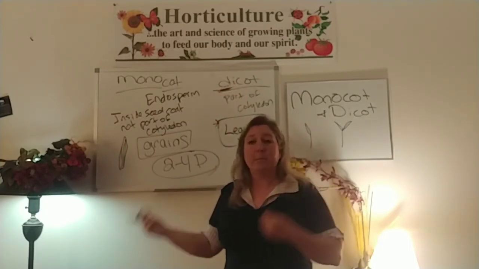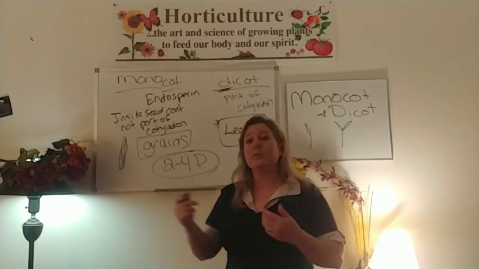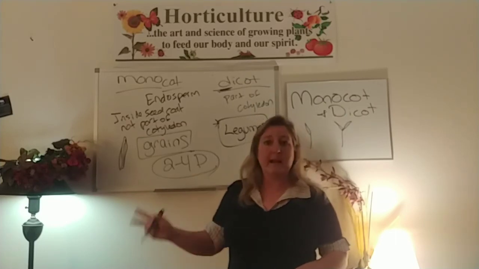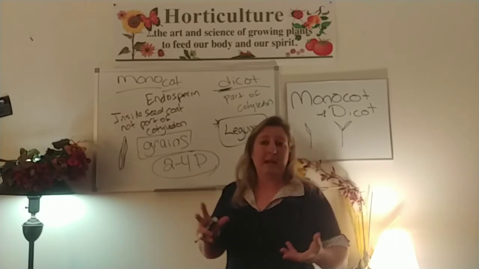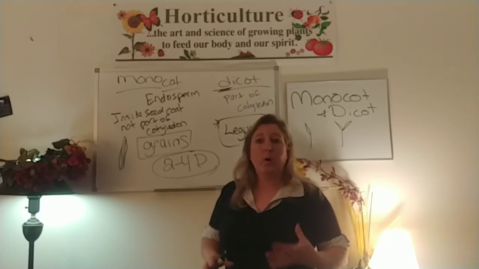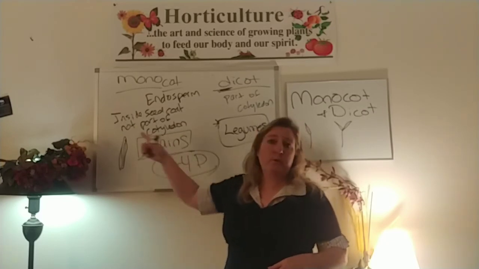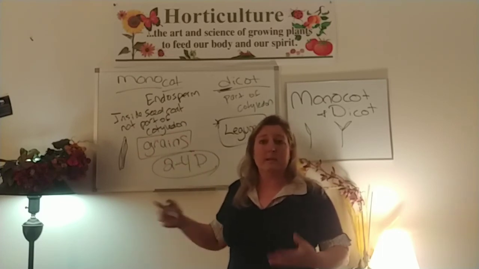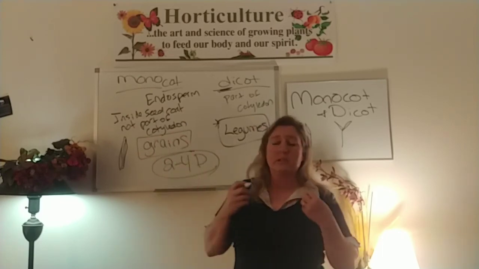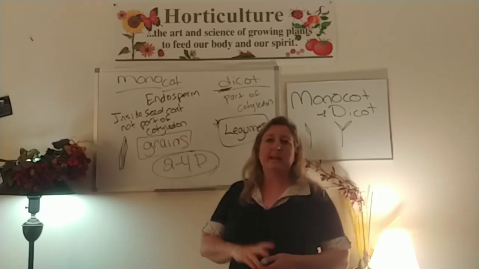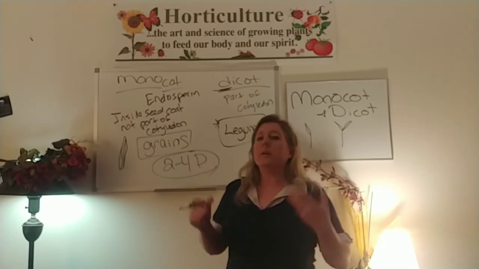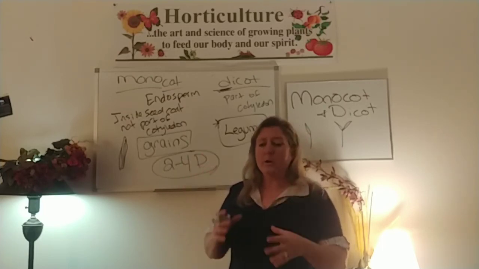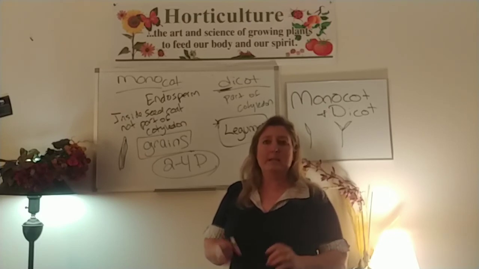So that's why it's important to know whether you have monocots or dicots before you put down a pesticide that may kill one or the other. You can go into a wheat field or corn field or even grass, and you can spray your 2,4-D, and it's going to attack all your little dicot weeds.